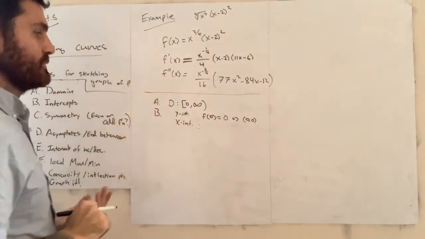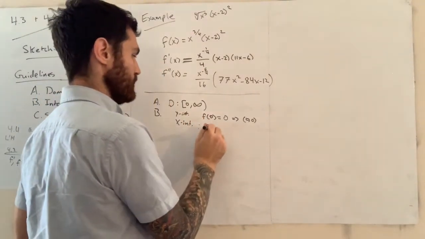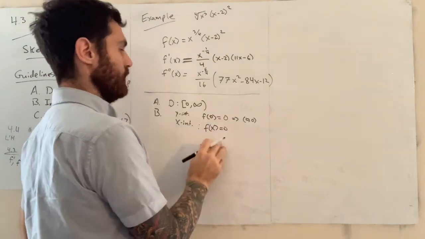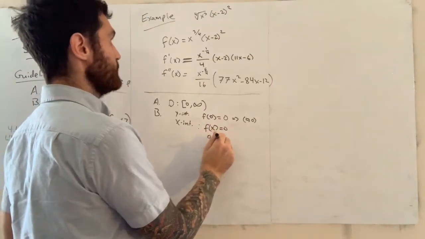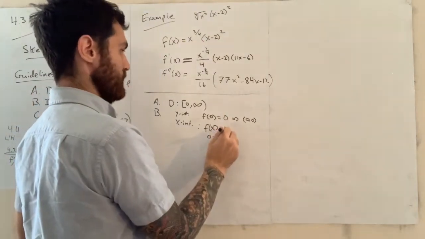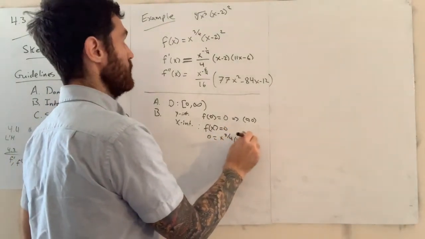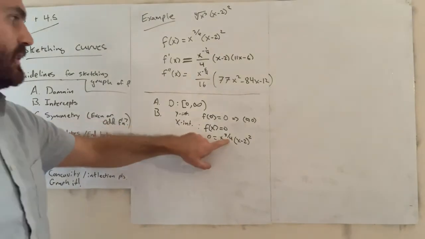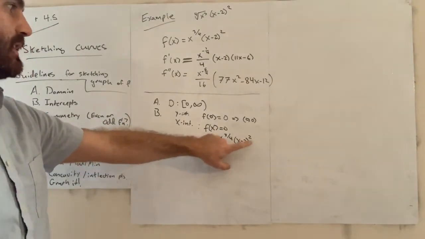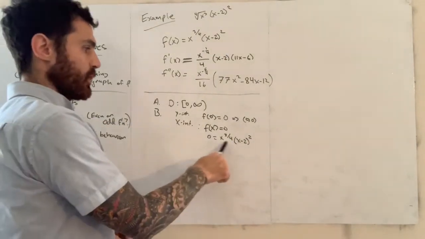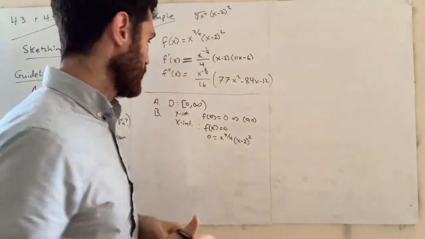Well, x-intercepts, that's when your function is equal to 0. Well, when your function is equal to 0, that's this expression: x raised to the 3/4 times x minus 2 squared. Since it's a product of two things, one of them has to be 0.